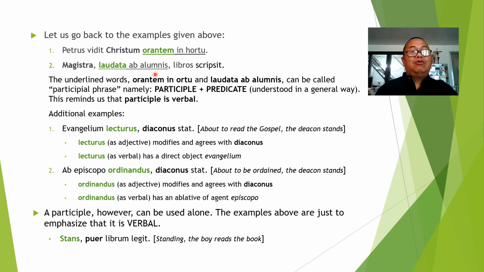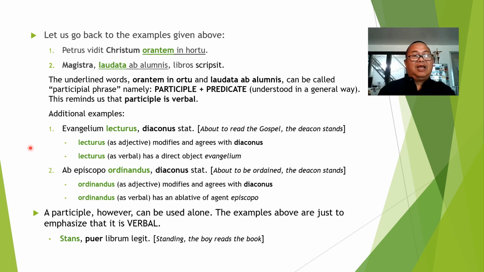In horto and ab alumnis are predicate in a general way, a participial phrase, all the words there that belong to the participle: orantem in horto, laudata ab alumnis. Now, additional examples to show what else can be done with the participle as a verbal.